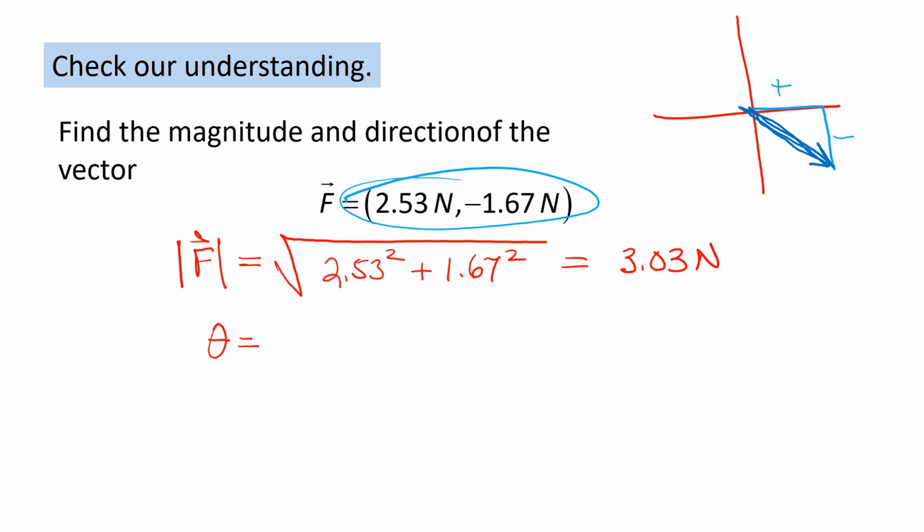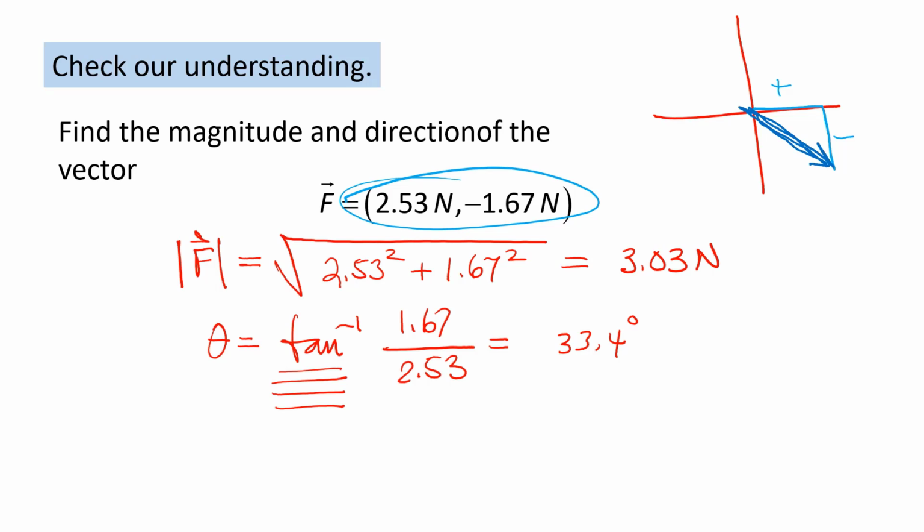So this is going to be inverse tan of 1.67 over 2.53, and I get a reference angle of 33.4 degrees, which is the only thing this will ever give you back, a reference angle. It's never going to give you something like 234 degrees.